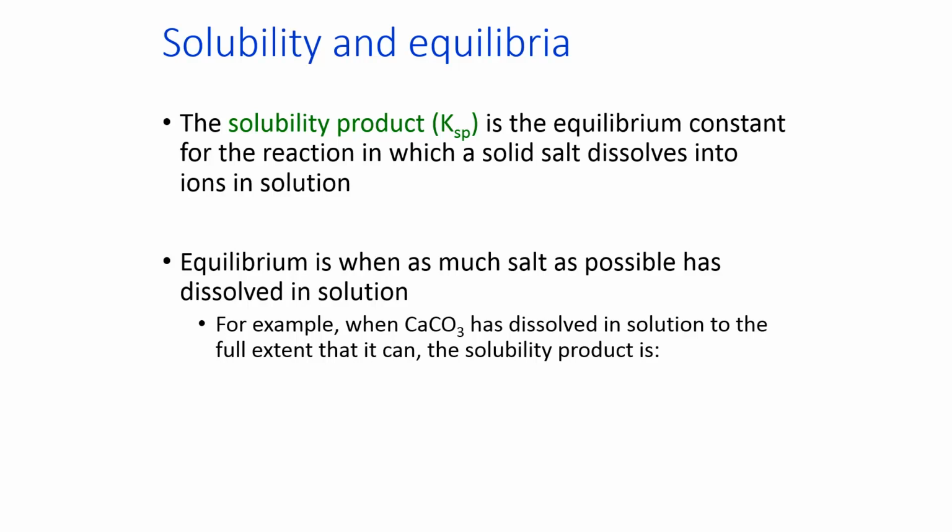You have calcium carbonate solid as the reactant, and you have two aqueous ions in solution as the product. All the mole ratios are 1 to 1. So the solubility product constant for this is just the product of the product concentrations multiplied together, raised to their stoichiometric coefficients, which is just 1.